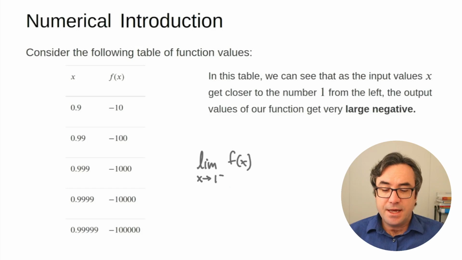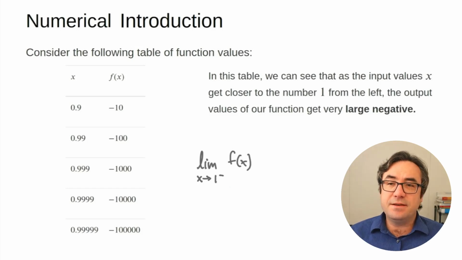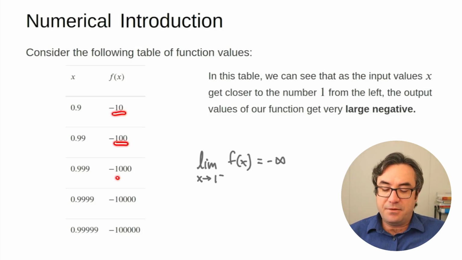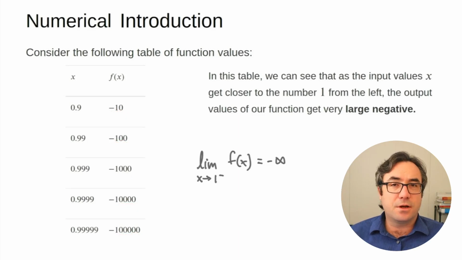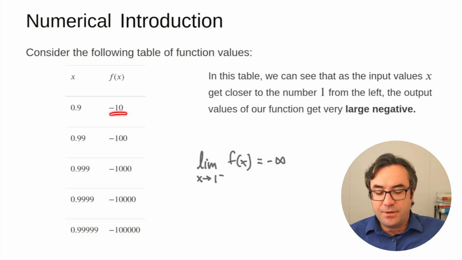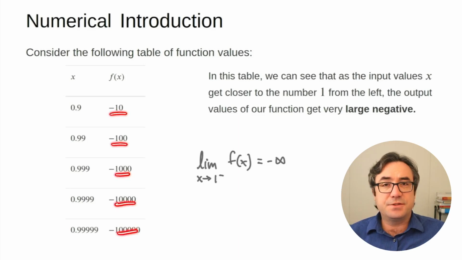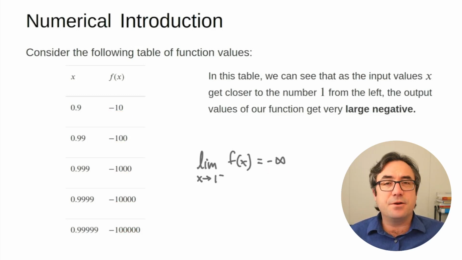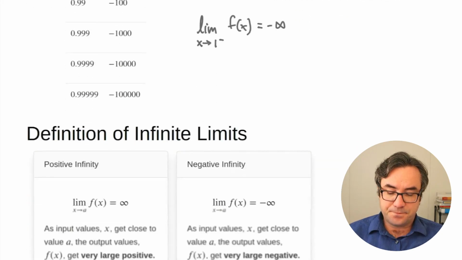If the limit was going to minus infinity, you would see the corresponding function values getting larger and larger negative. And if it was going to positive infinity, then we'd see function values getting larger and larger positive. So the notation we're using is plus infinity or minus infinity, depending on if the numbers are getting bigger positive or bigger negative.